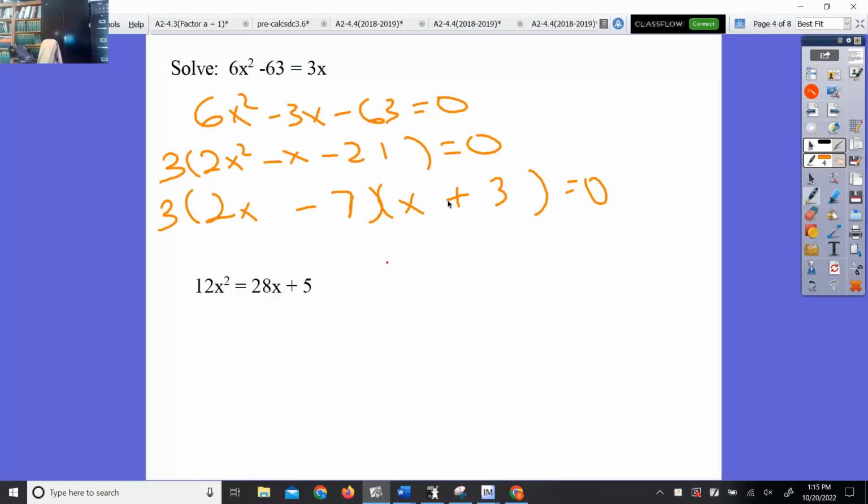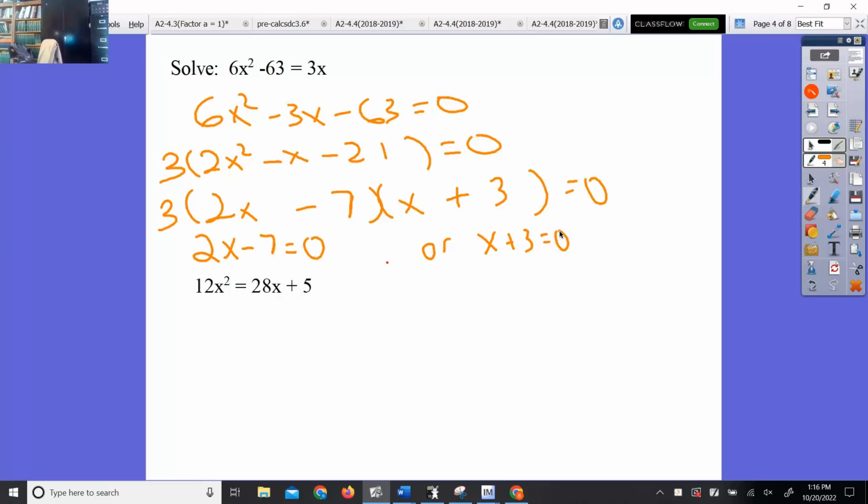How many of those factors have unknowns? 2. Those are the only ones that we actually care about. The only factors that we actually have to solve are the ones with unknowns. It wouldn't make sense to write on a piece of paper 3 equals 0, would it? Which is not true. So what are the 2 things I should write on a piece of paper? 2x minus 7 is 0, or x plus 3 is 0.